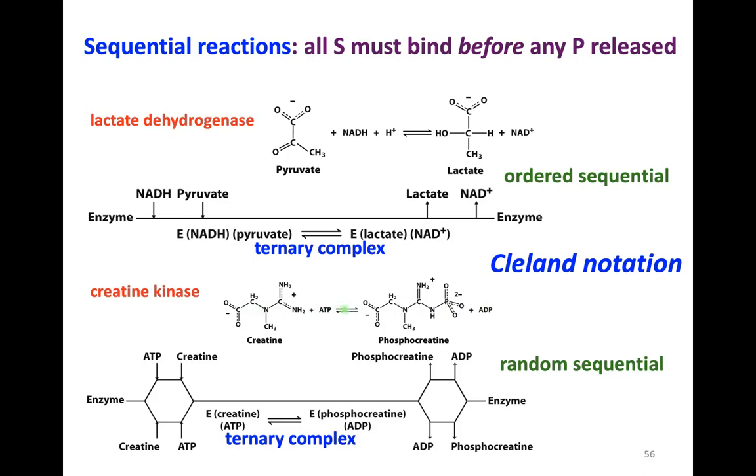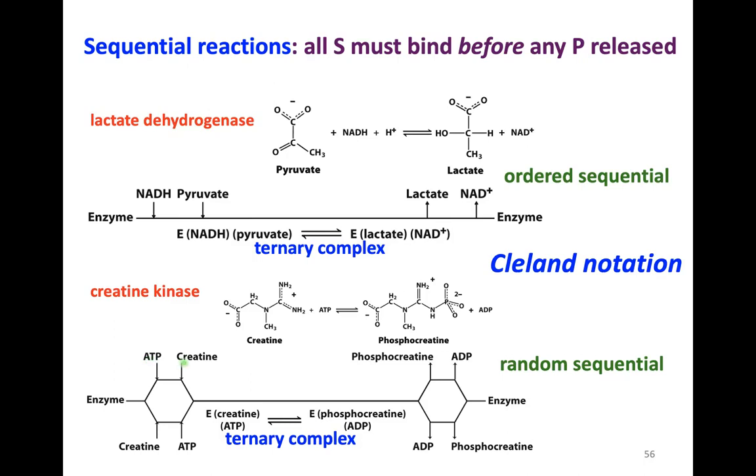Okay, this is again a reversible reaction. So we have our enzyme. And so one way, ATP can bind before creatine, we form this ternary complex of enzyme non-covalently bound in complex with creatine and ATP. Transformation happens to phosphocreatine and ADP, and phosphocreatine can hop off, ADP can hop off.